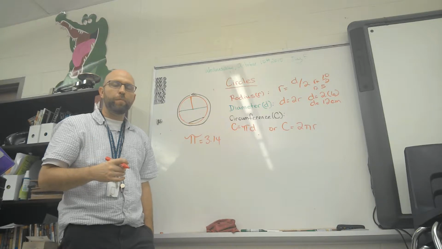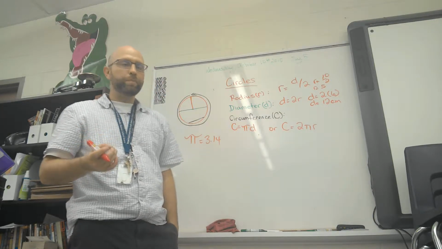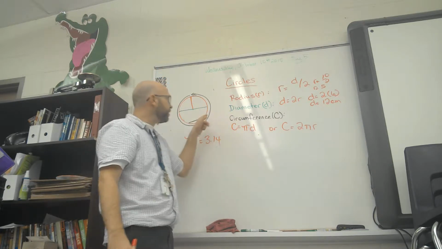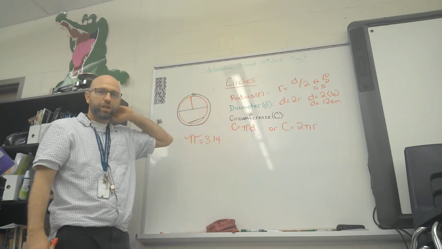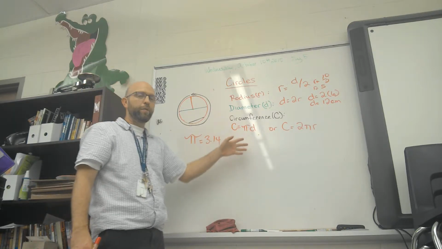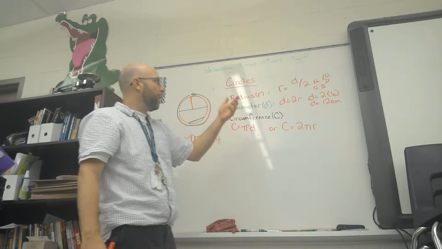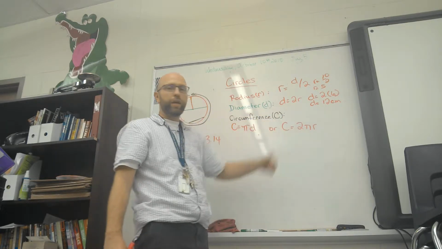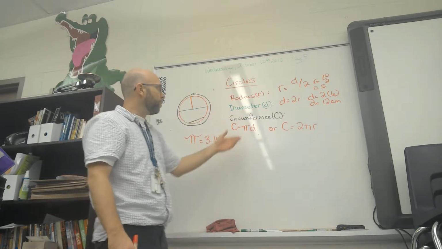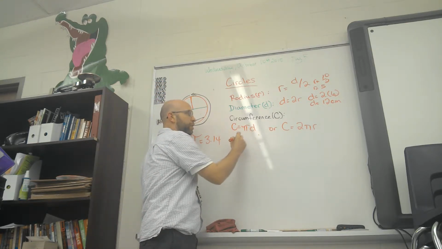So in your calculator, you're going to punch 3.14, or you can hit the pi button. So if I was looking to see how much is the outside of the circle, the circumference, I'm going to plug in my information into here. So let's use 12 as an example. If my diameter was 12, I would write the formula c equals pi times d.